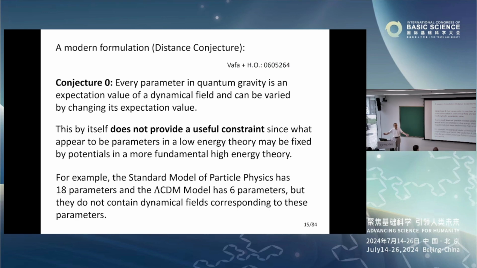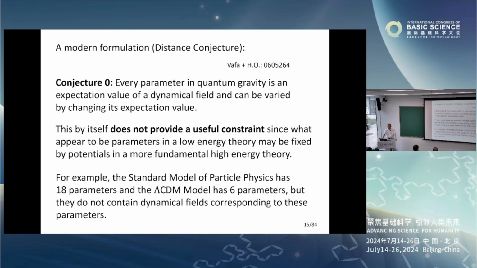Okay. However, this is not very useful in low energy theory. Useful by which I mean that if you give me a Lagrangian, I can tell you whether it's describing the swampland or not. And this is not useful because what appear to be parameters in a low energy effective theory may be fixed by a potential or a more fundamental high energy theory. So even if the low energy theory has seemingly some dimensionless parameters, by itself it may not say that it's in the swampland.